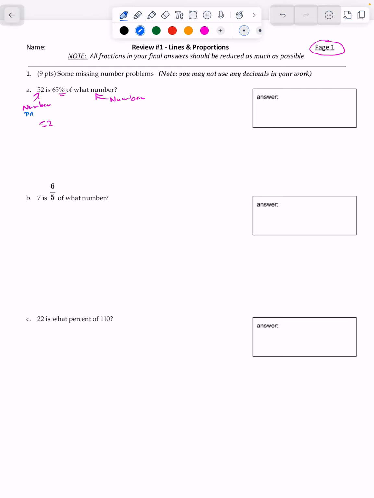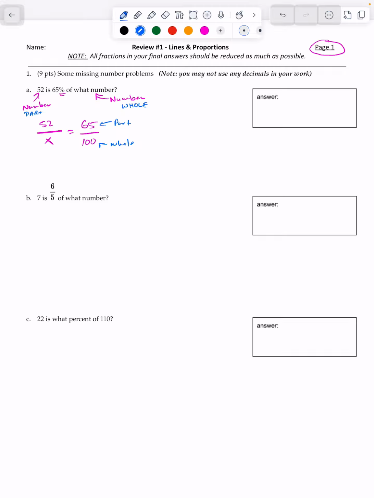This is the part, and this is the whole. So 52 out of whatever is 65 out of 100, because the 65 is also the part, and that's the whole. So in other words, my fractions match up, they should be equal.